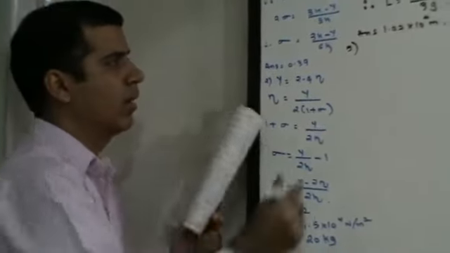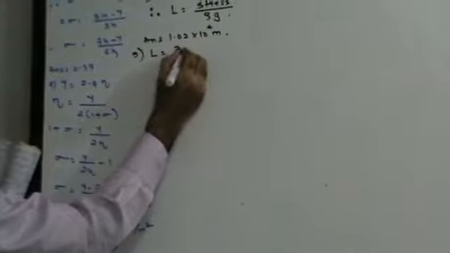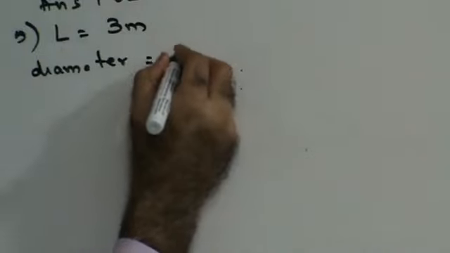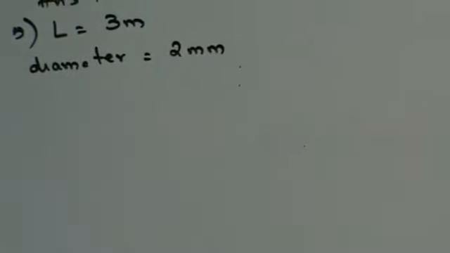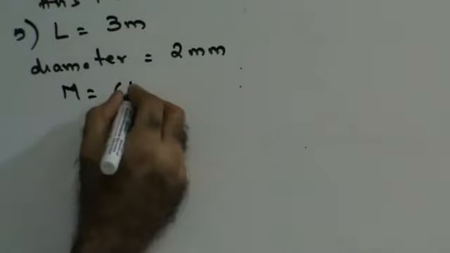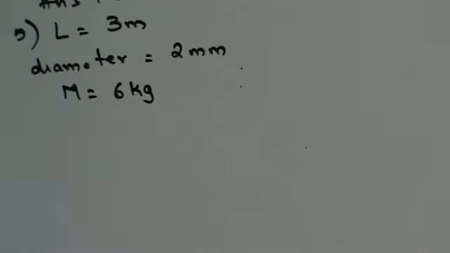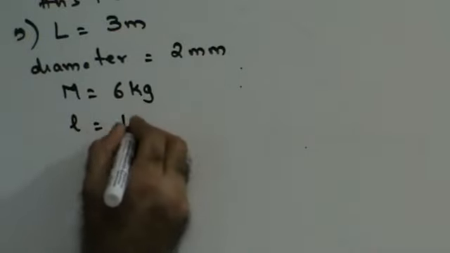A wire of length 3 meters and diameter 2 millimeters, when stretched by a load of 6 kg weight, F is 6 kg weight, so mass will be 6 kg guys, extends by 1 millimeter.